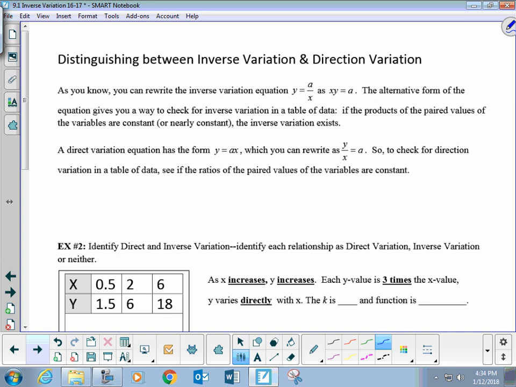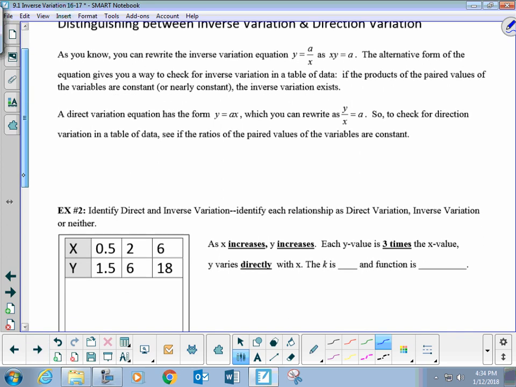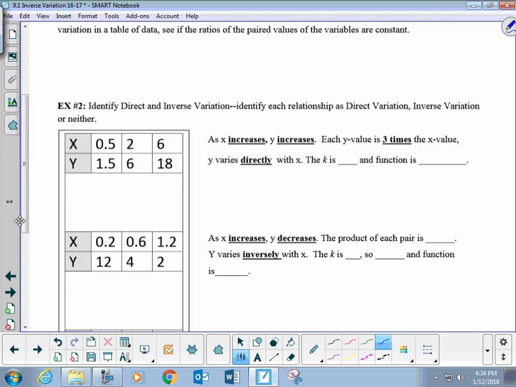All right, so how do I know if I give you a bunch of data, do I have direct variation? Do I have inverse variation? Well, there are clues that I look for. First thing I do is I look at the data itself. What's happening to x? In this particular case, x is increasing. What's happening to y? y is increasing.